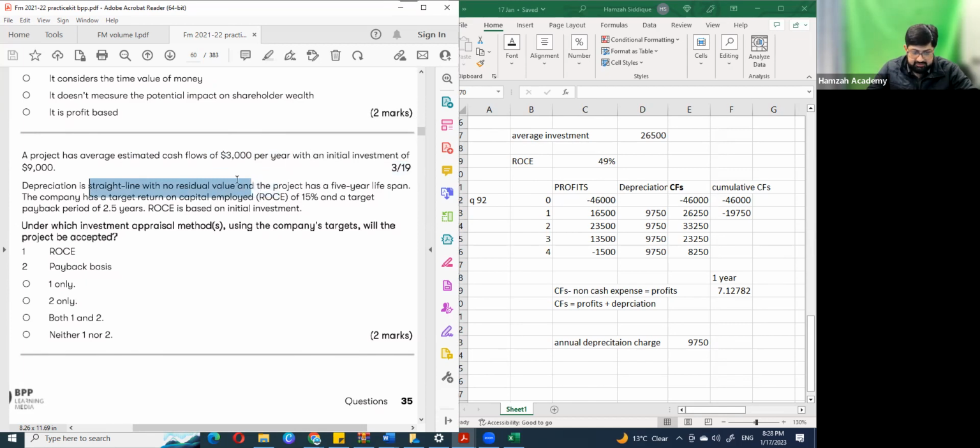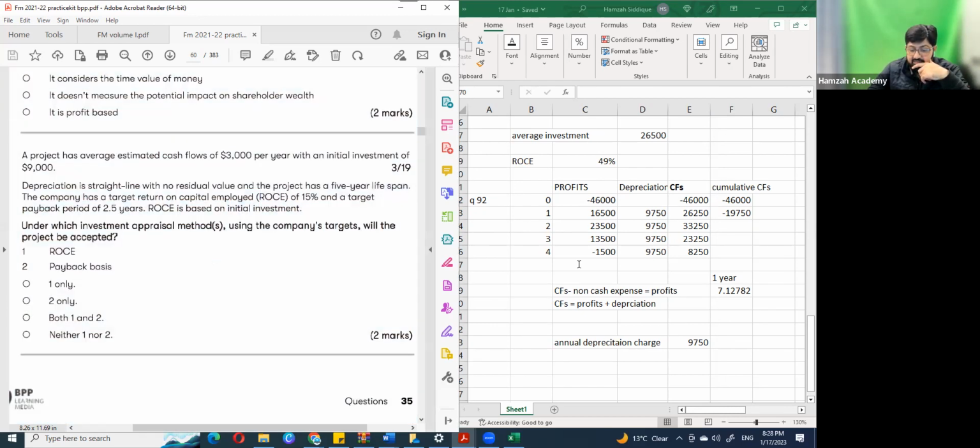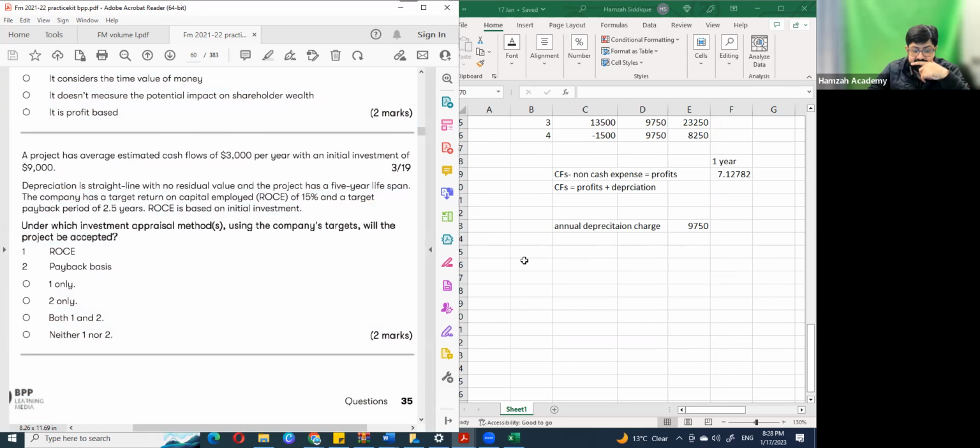Depreciation is straight line with no residual value, meaning zero residual value. The project has a 5-year lifespan. Target ROS is 15%. Target payback is this. ROS is based on initial investment. Now, this is important to understand. I will explain, don't you worry. Under which capital investment appraisal should it be accepted?